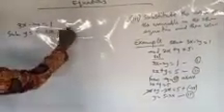Equation 1 is 3x minus 2y is equal to 1. So substitute y is equal to 5 minus 2x in equation 1. So equation 1 is this, so we are going to put this one into this.